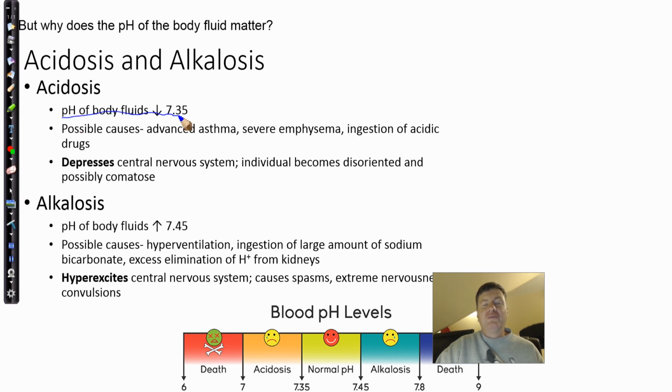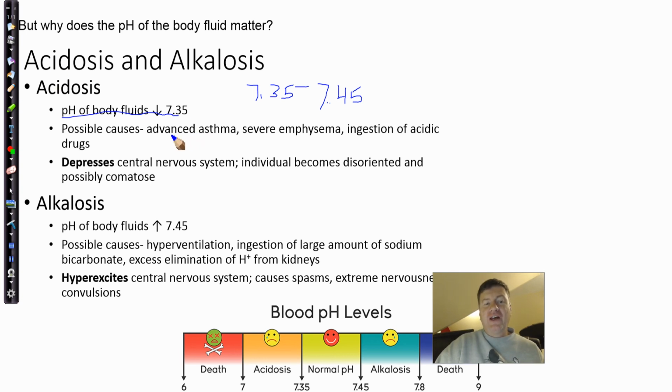If the pH of your blood drops below 7.35, and again, 7.35 to 7.45 is considered the normal homeostatic range of blood, then you're going to be diagnosed with acidosis. Your blood is becoming too acidic. And you're going to say, but wait a minute, pH of 7 is neutral. How can that be acidosis? Because it's becoming more acidic.